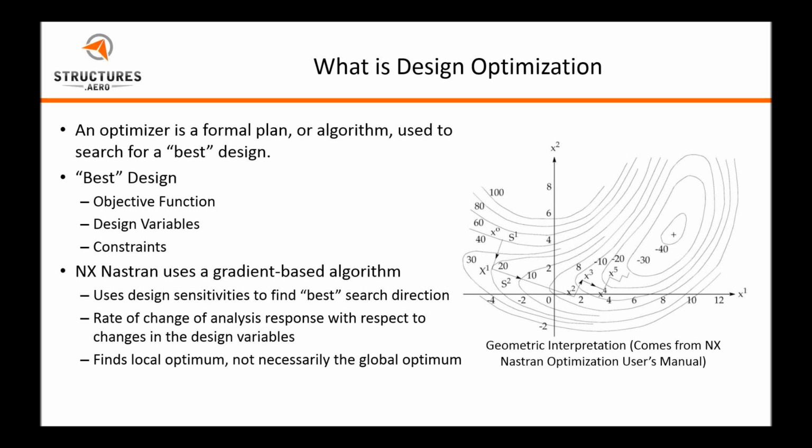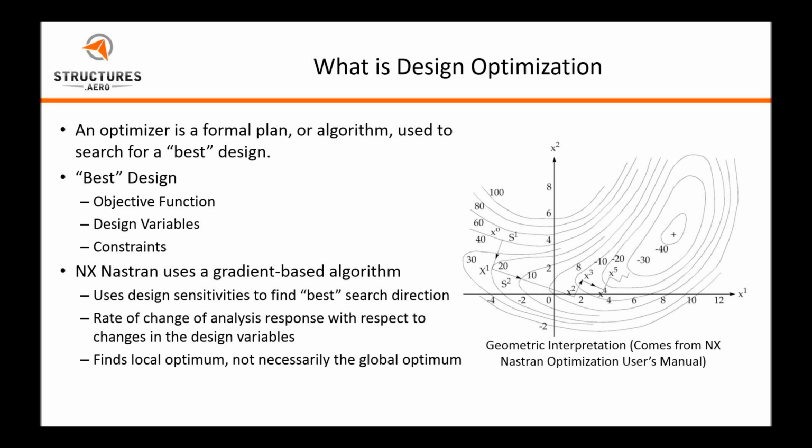The objective function could be to minimize mass or minimize cost. Design variables, as you'll see today, will be our plate thicknesses, but it could also be other geometric parameters that define the shape of your structure. Constraints are typically you're constraining a response of your analysis, so stress constraints, displacement constraints, frequency constraints, etc.